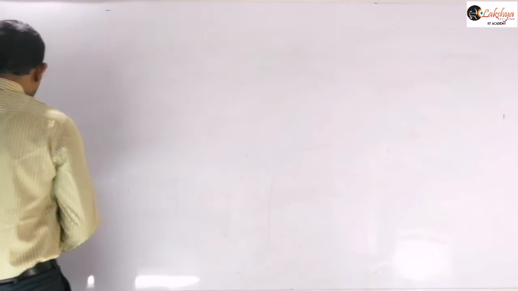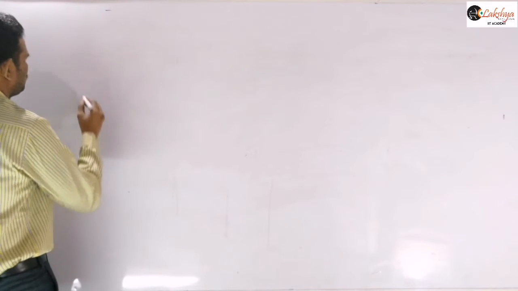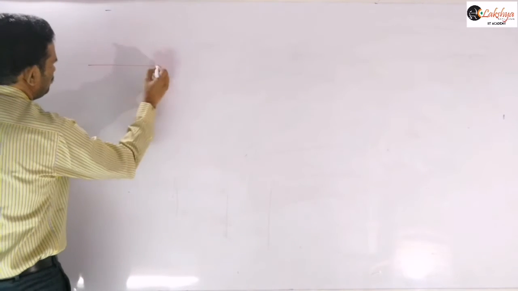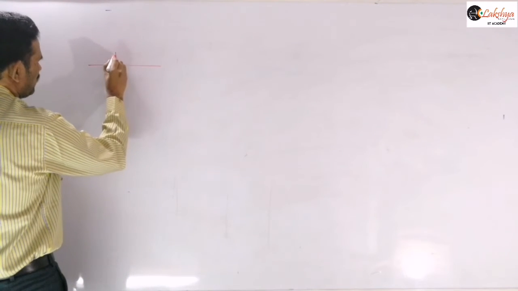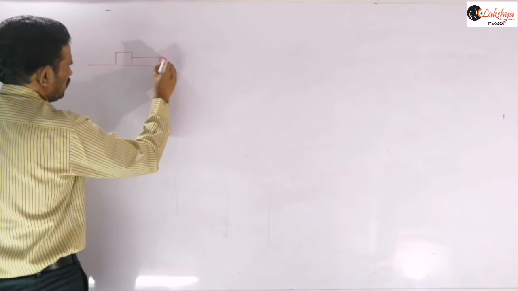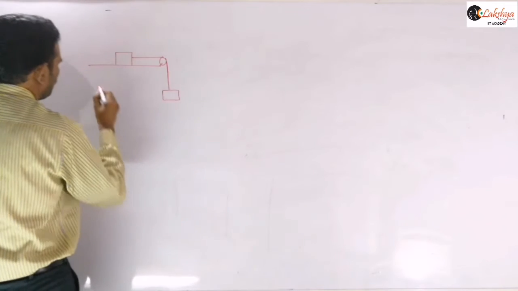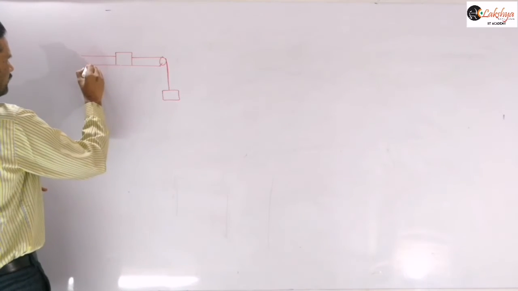The case I am taking here is, first, in terms of blocks. One block is there on the table. This side one block is suspended here, and this side another block is suspended here.